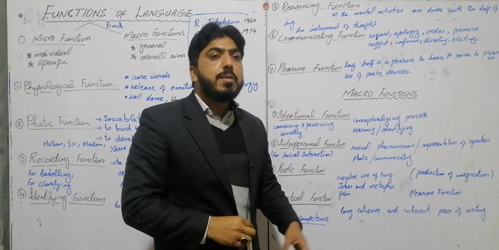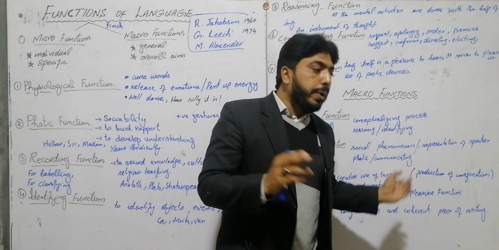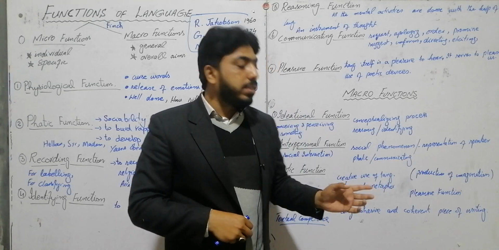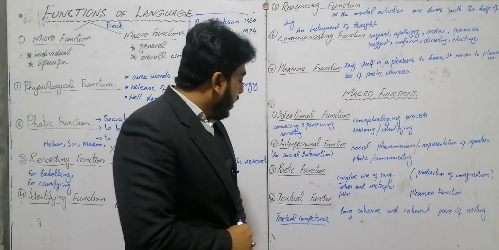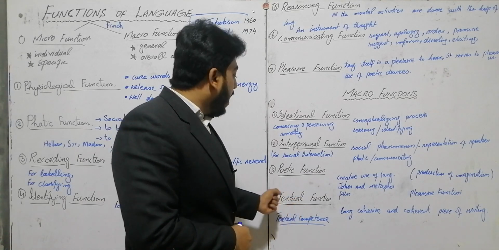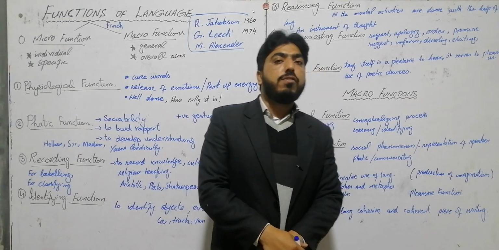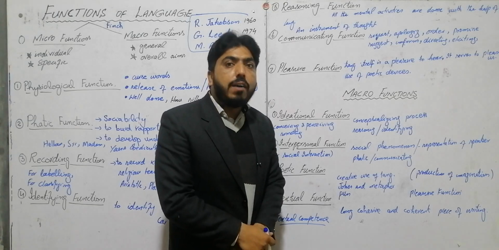Language enables us to create long stretches of text, and those stretches of language are cohesive as well as coherent. This is called textual competence or the textual function of language. This is all about the macro functions of language.